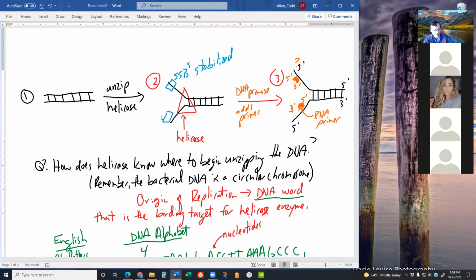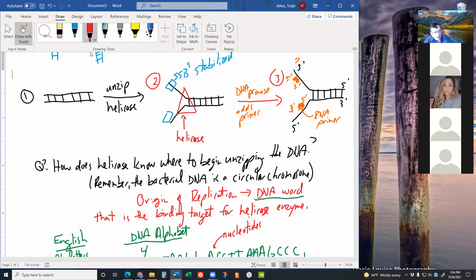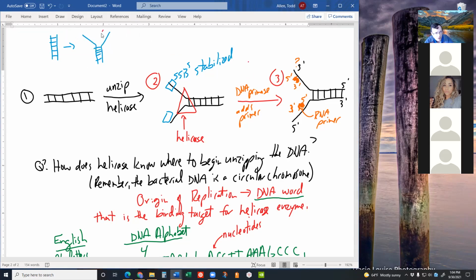Okay, because if you have a piece of DNA that starts out as a helix, and then you unzip part of it, the ends that are unzipped can actually fall back on top of themselves like this.